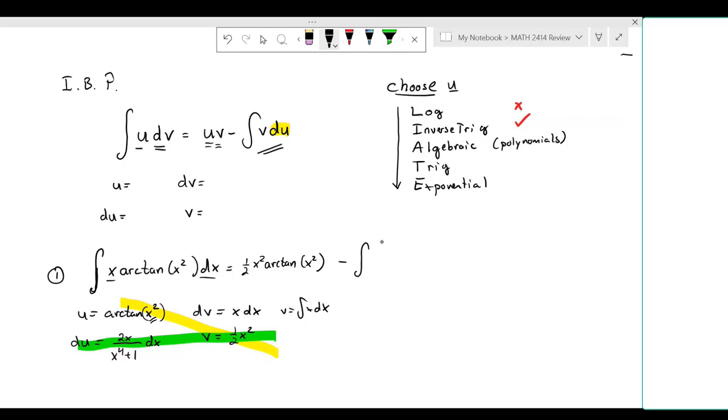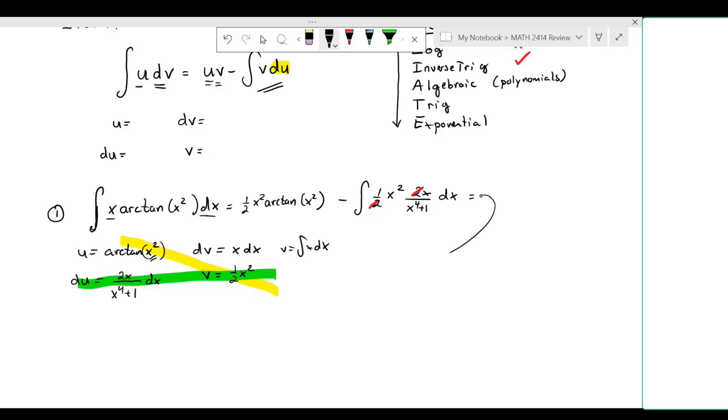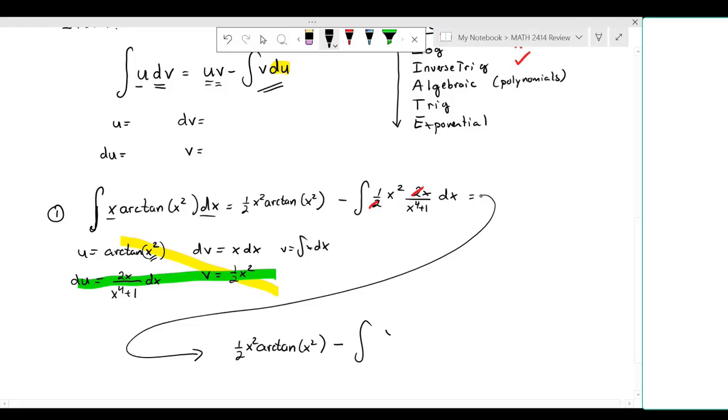So we're going to get, conveniently, some stuff will cancel. And I think from here on, it's a simple substitution after tidying this up. So I think we're going to get an x cubed divided by x to the fourth plus 1. Conveniently, that's good enough for a substitution.